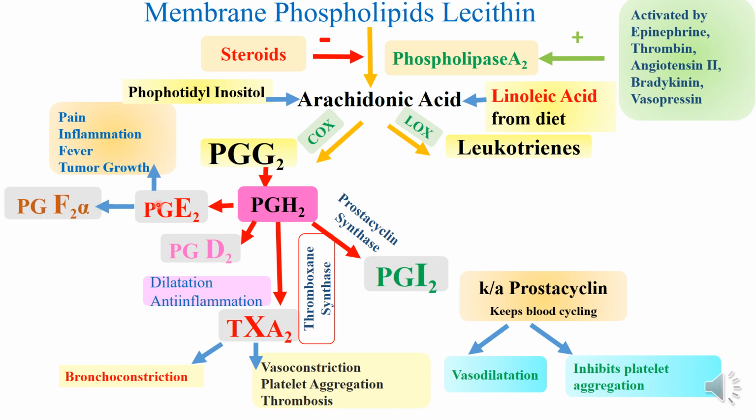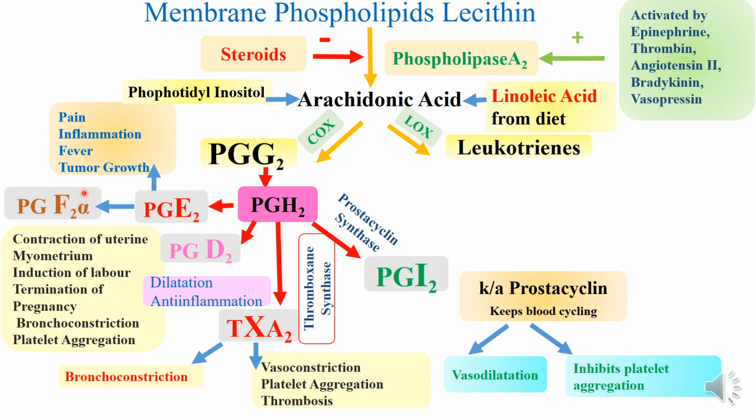And PGE2 can be converted to PGF2 alpha, and here F stands for fertility. So PGF2 alpha is used in the contraction of the uterine myometrium, induction of labor. As a medicine, it is used for termination of pregnancy. It also causes bronchoconstriction and platelet aggregation. So it has all these effects.